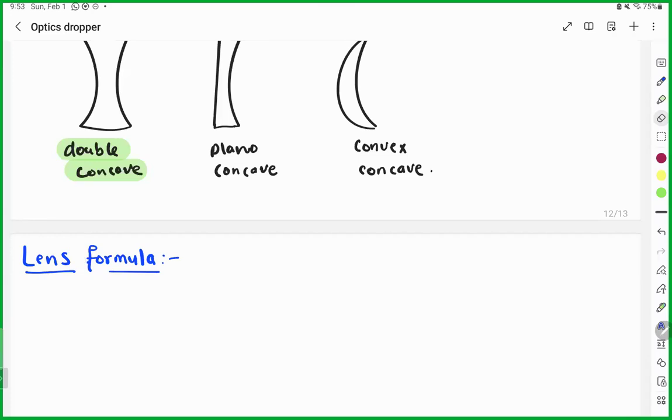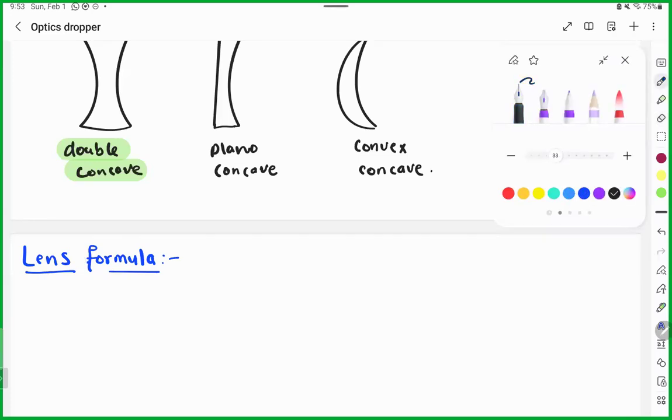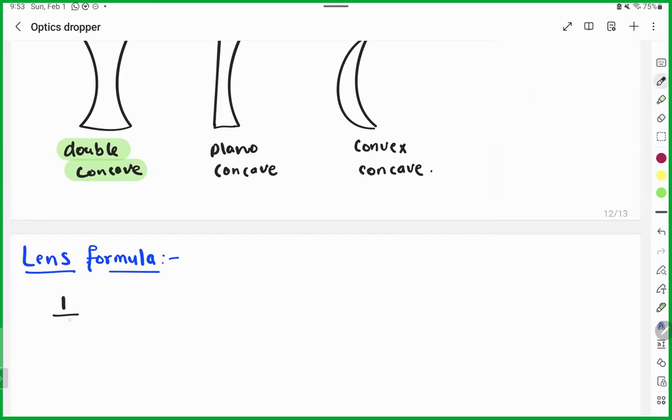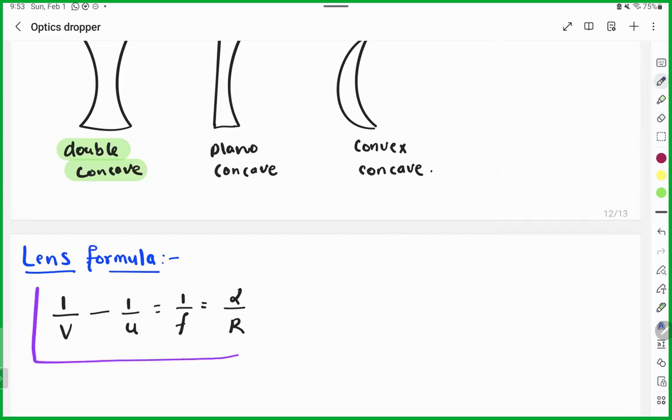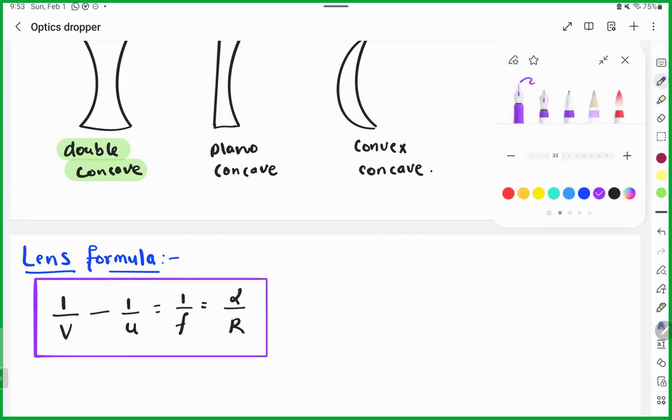So, what is the lens formula, guys? 1 by V minus 1 by U is equal to 1 by F or 2 by R. And you can compare this with the mirror formula.